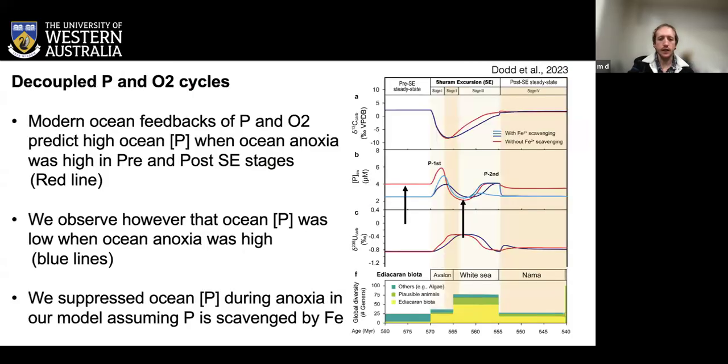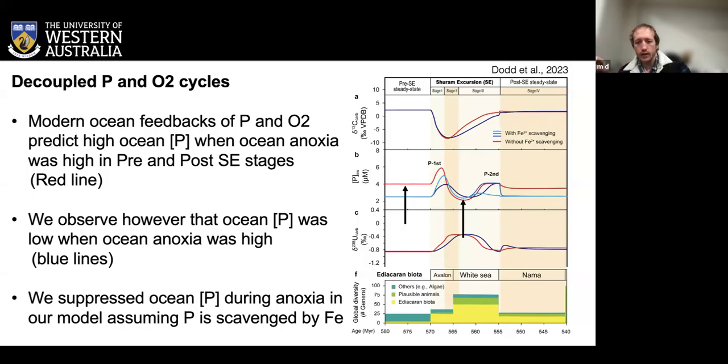So let me make that easier to visualize for you. On the right here, we have our biogeochemical model results. And what I really want to draw your attention to here is the two black arrows. Okay, so we have a number of different model results here.